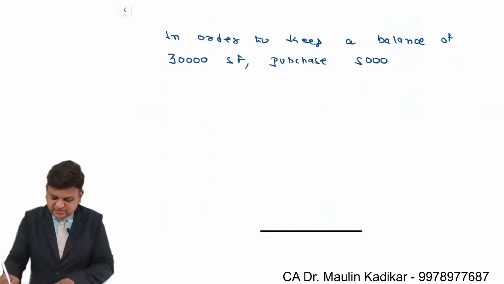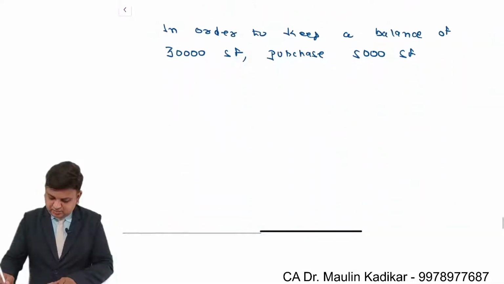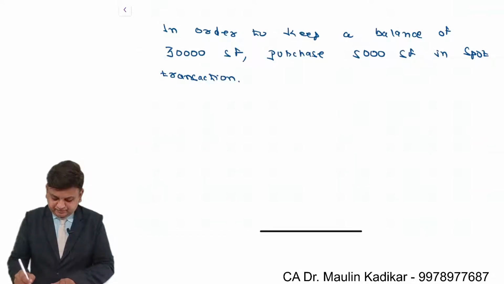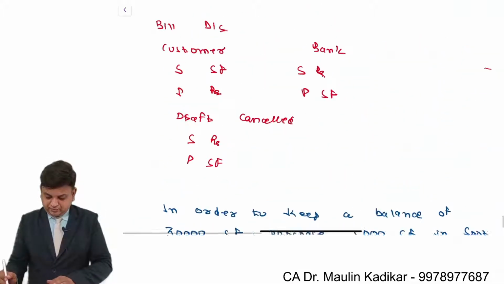Purchase 5,000 Swiss franc in spot transaction. In bracket write down 30,000 minus 25,000.